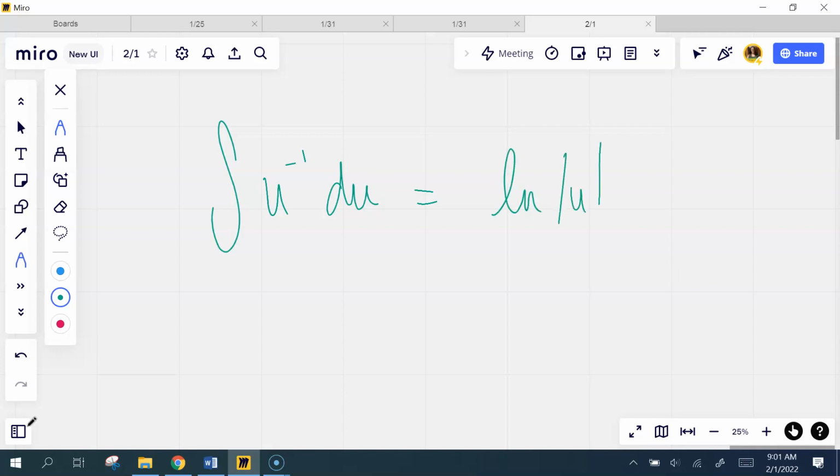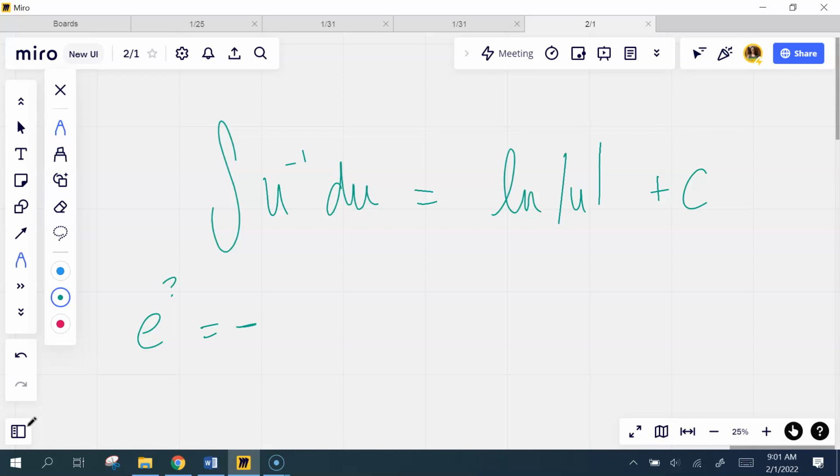I did the absolute value of the u here because it can't be negative. If log is base e, you're not going to be able to raise e to any power to get a negative number, so u has to be positive, so we do the absolute value.